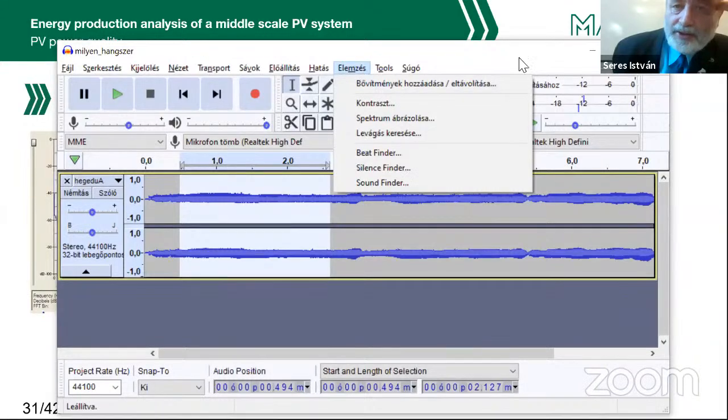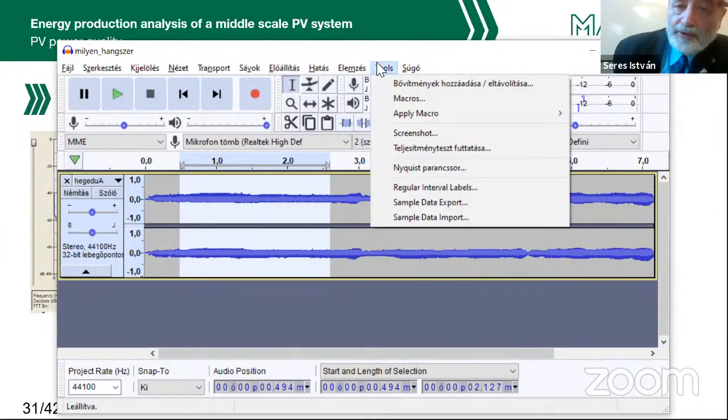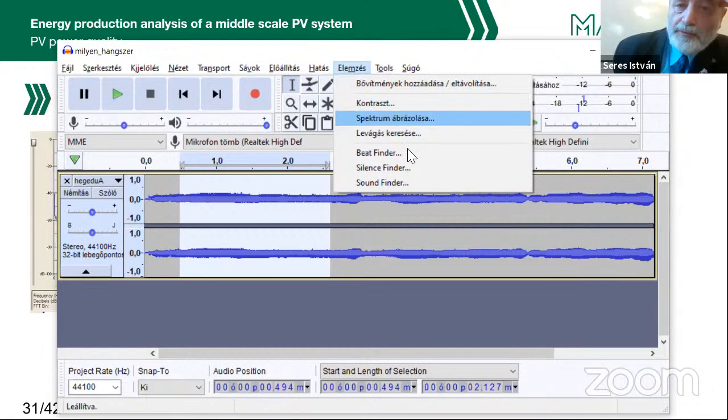Because the main question is, if we hear a violin or a piano, we can decide which instrument's sound we hear, however, they are playing theoretically the same sound. For example, this sound A, 440 hertz. And for that one, with this software, I can show you the spectra.